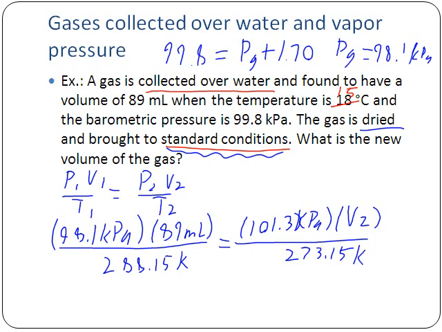And so to get this to work, we're going to go ahead and solve for V2 by cross-multiplying. We take the 273.15, multiply it up to the top here, and the 101.3 kPa, bring it down to the bottom to divide by.